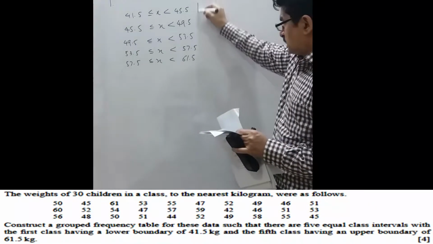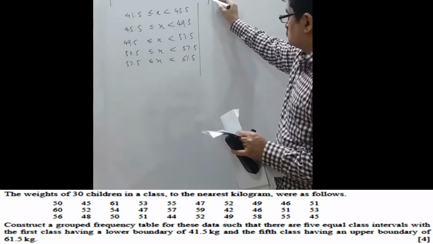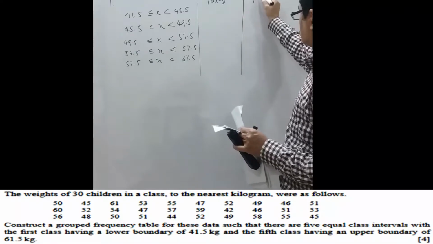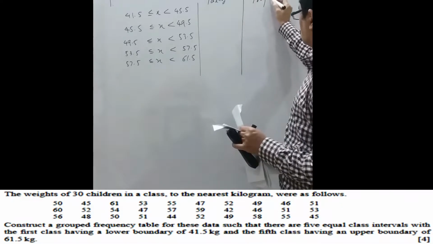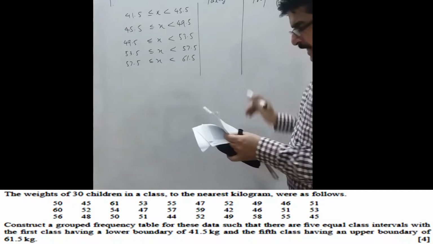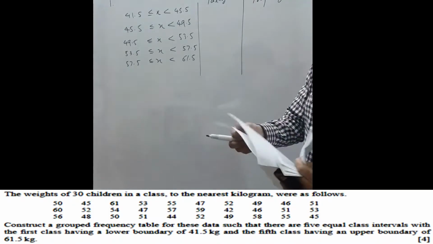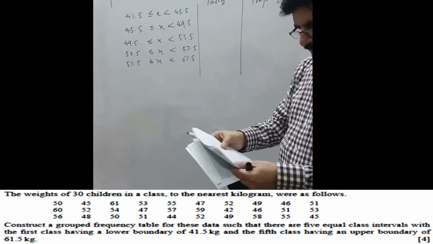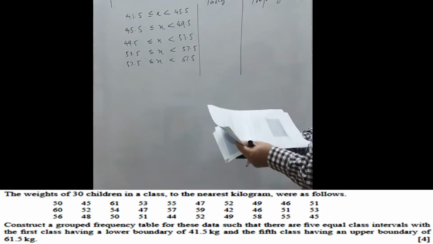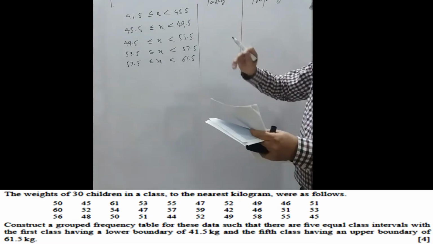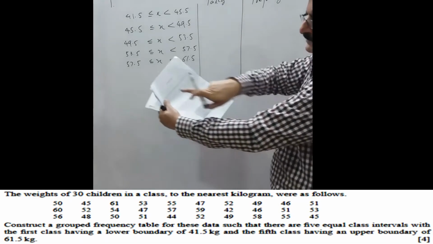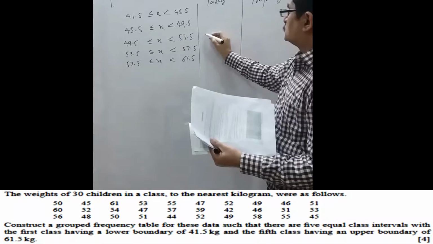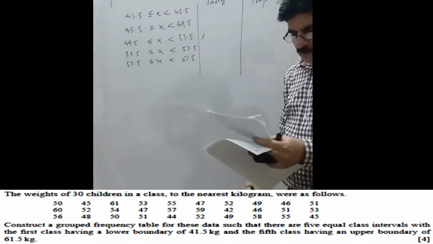Now, we can make a tally column, and then we will write frequency. The easy way is that you have this data before you in the question. Now you find the first value is 50. 50 will lie in this interval, so you make a line.